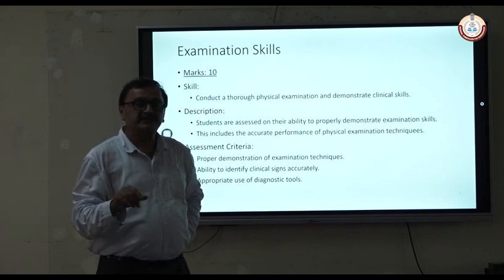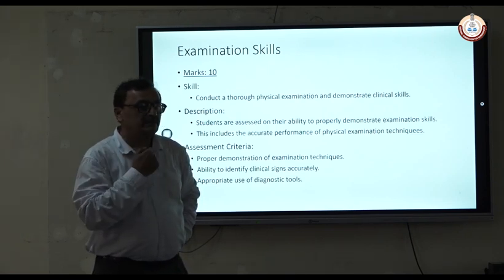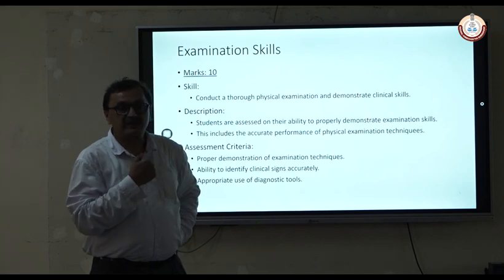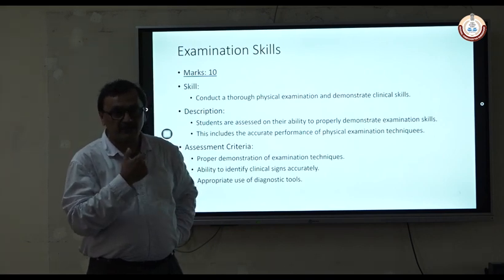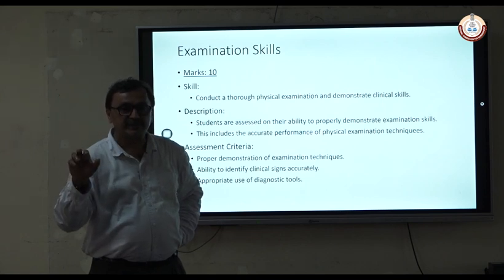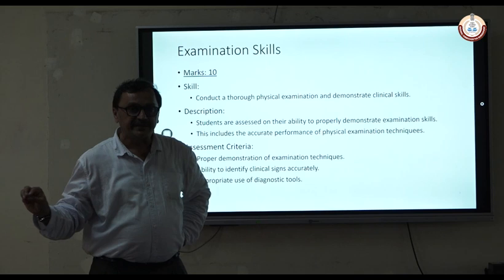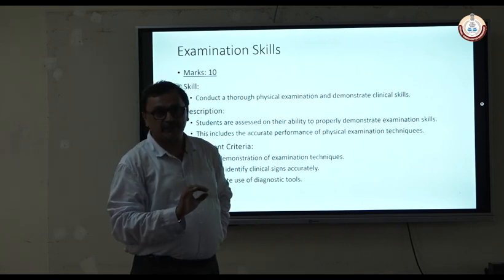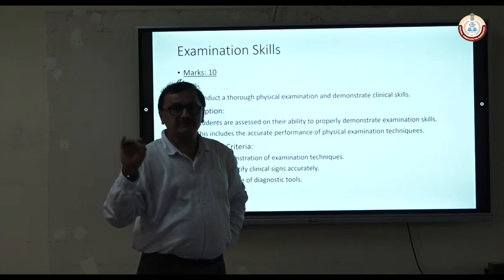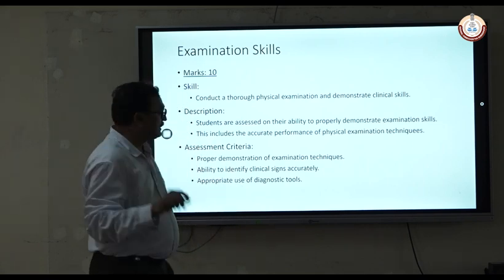Then second, you have to identify the second intercostal space based on the sternal angle. So there you have to identify the second intercostal space. After that you start the examination, either from the mitral area or from the aortic area. This is the whole process. But if the student doesn't do that, then it is an error.